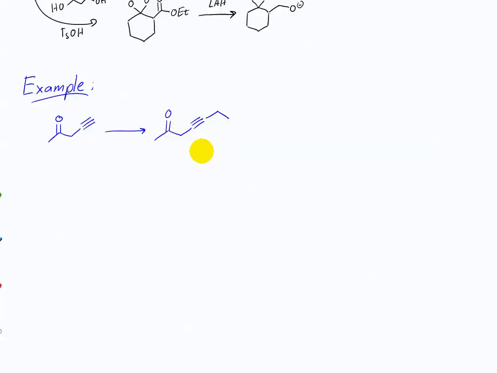Oh, I was going to come up with an idea. Could you first protect the ketone, then put a protecting group on it, and then add the extra ethyl group to the triple bond, and then oxidize, is it oxidize or reduce, to a ketone?